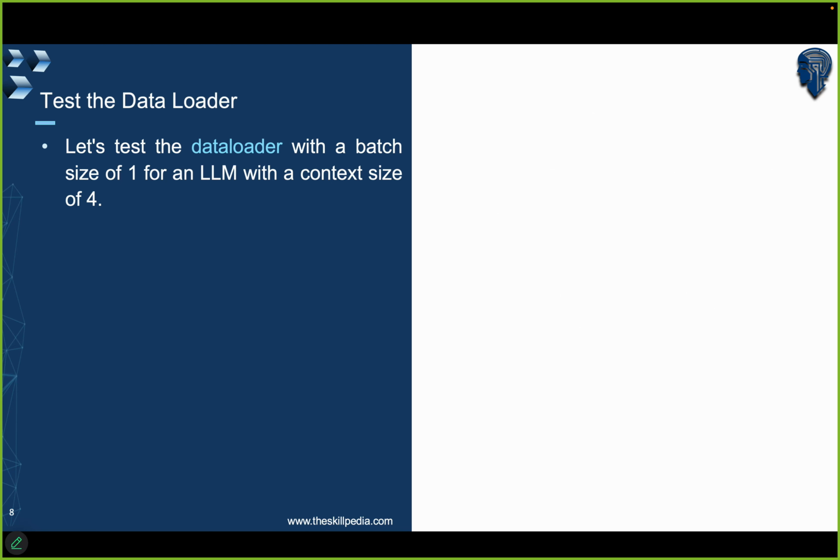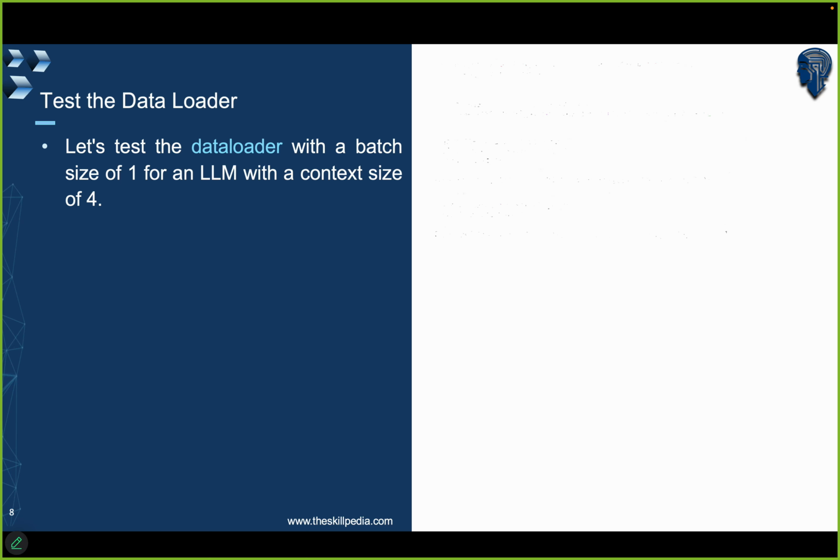Let's test the data loader with a batch size of 1 for an LLM with a context size of 4. Once again, I'll repeat, batch size, normally we define that we'll batch 48 tokens or 60 tokens or 100 tokens. There's a batch size, a fixed size. And the context size is how many tokens the model can process at any point to generate the next token.